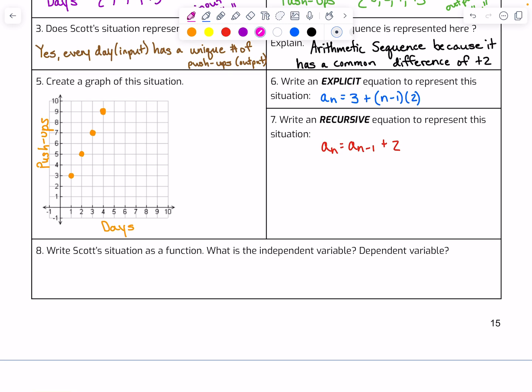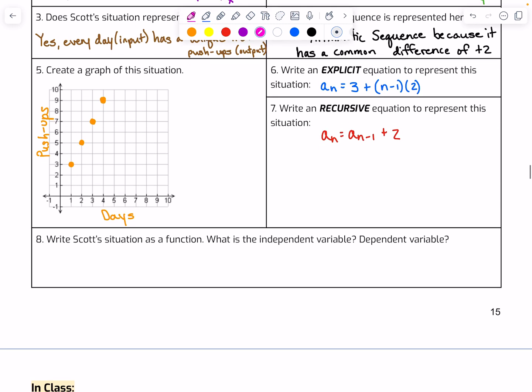So to write Scott's situation as a function, it would be best to use our explicit form because we can simplify that to look like a function with an independent and a dependent variable. So I'm going to write that again down here. a sub n equals 3 plus n minus 1 times 2. All right, so to make this a little cleaner, we can distribute the 2 to this n minus 1, and then we're going to combine like terms.